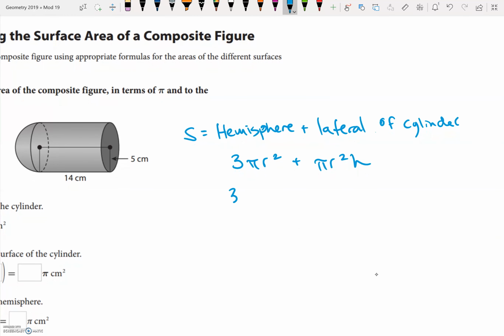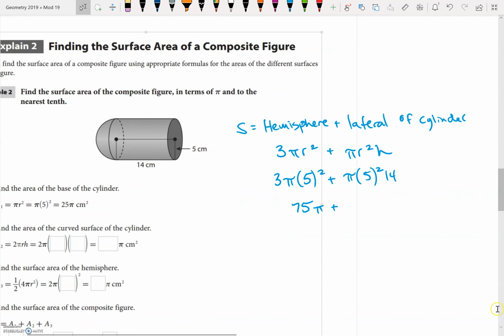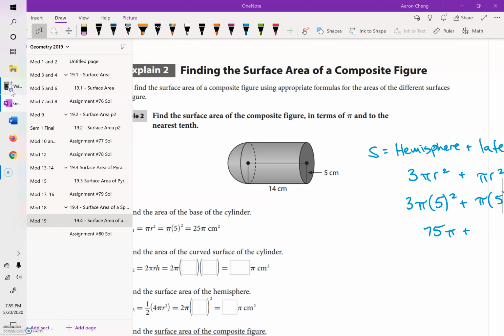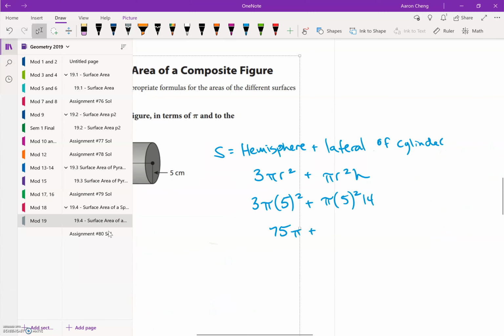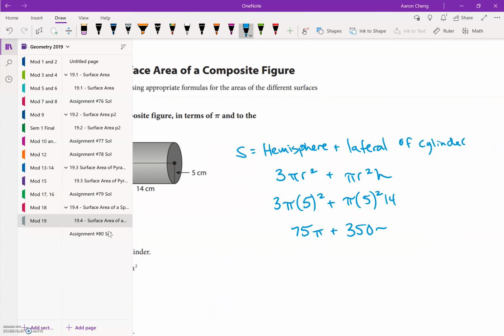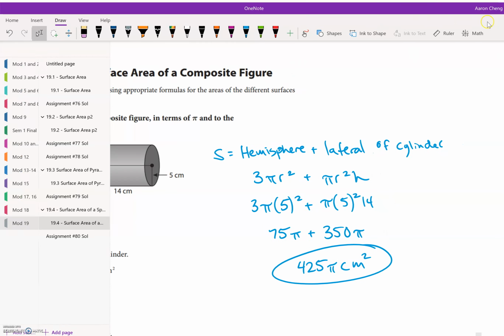So our radius is 5, so we have 3 pi 5 squared plus pi 5 squared times 14. 25 times 3 is 75 pi. 25 times 14, I don't know what that is. 25 times 14 is 350. 350 pi plus 75 pi is 425 pi centimeters squared. And then round to the nearest tenth, multiply it.